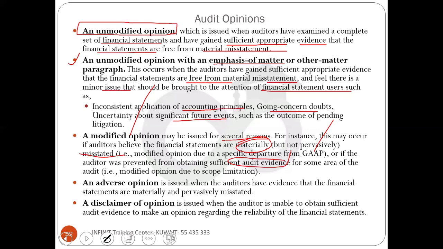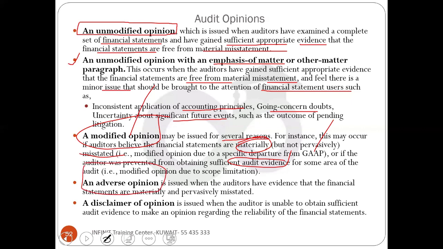In such a case, they will issue a modified opinion. So that means the auditors think there are some financial statements which are materially misstated. That is a modified opinion.